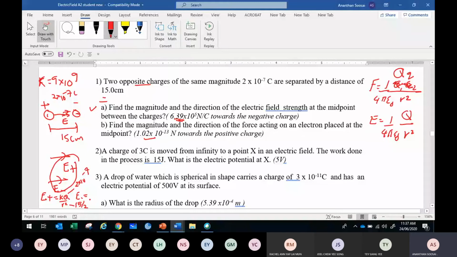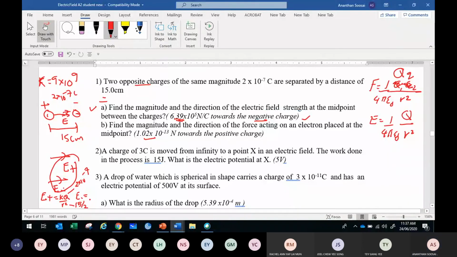The Q must use their own charge, and the R is 7.5. And which direction is the final direction of the electric field strength? Towards the negative charge, right? Both fields are directing towards the negative charge. So the answer should be towards the negative charge.